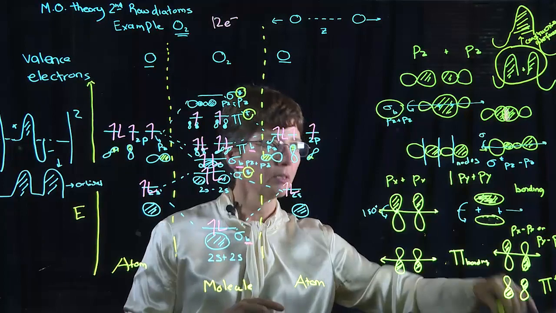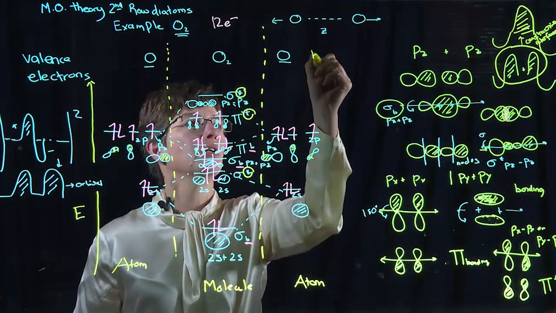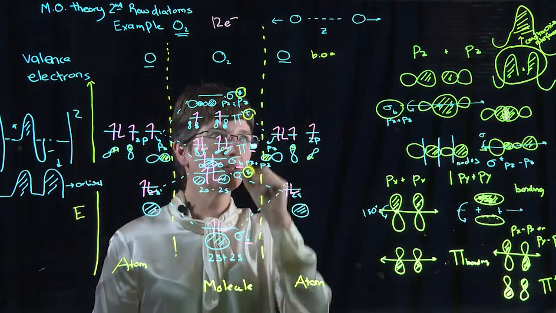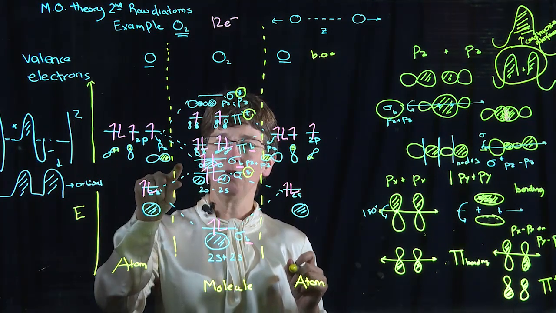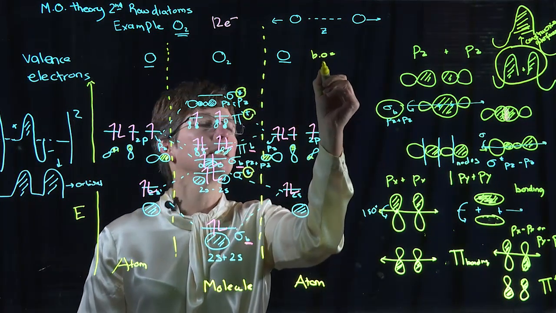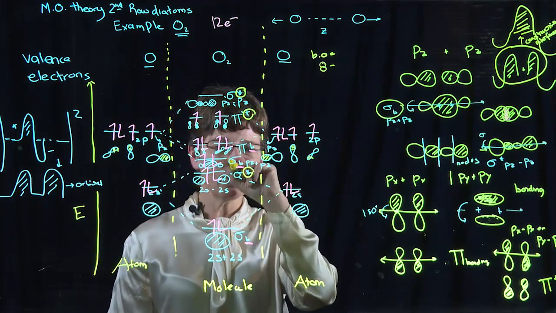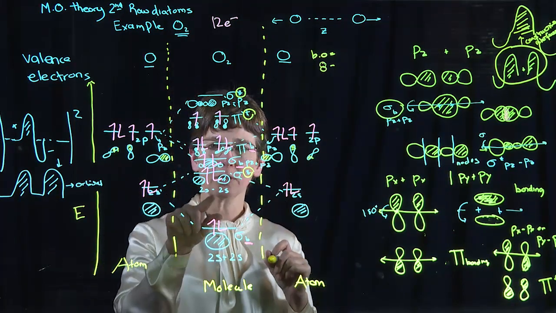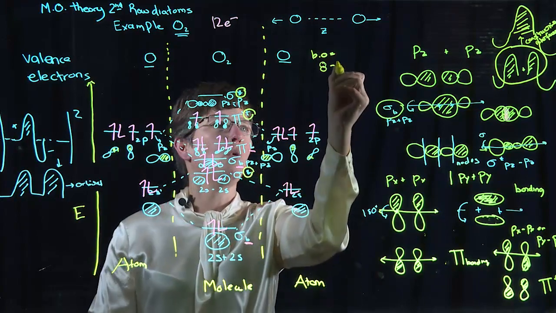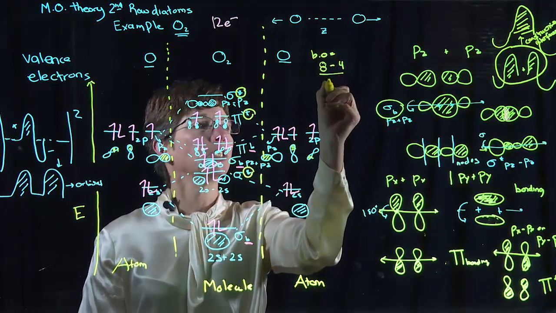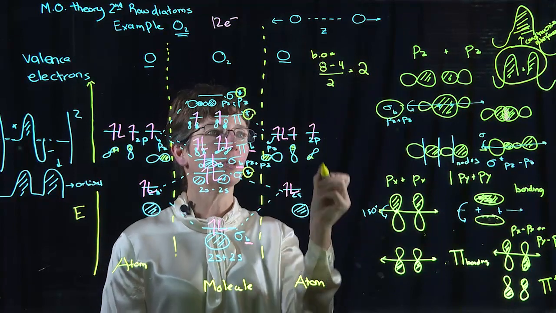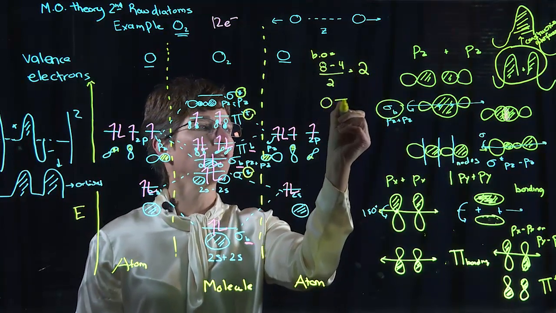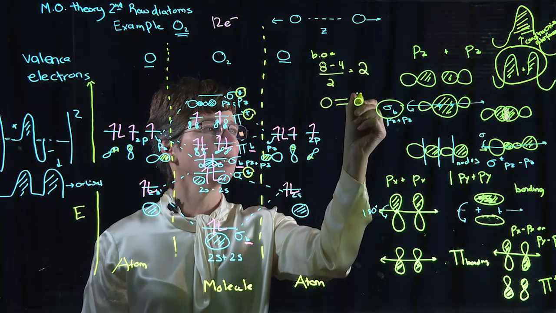So our bond order will be the number of electrons in bonding molecular orbitals, so that will be 2, 4, 6, 8, minus the number of electrons in antibonding orbitals, that will be 2, 4, divided by 2. So we have a bond order of 2, which is what we would have thought from our Lewis dot structure.